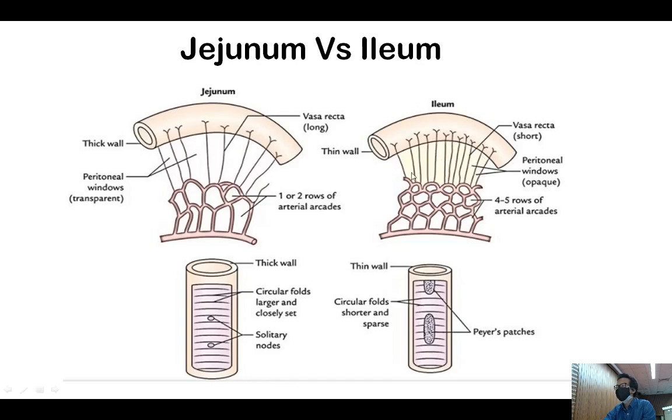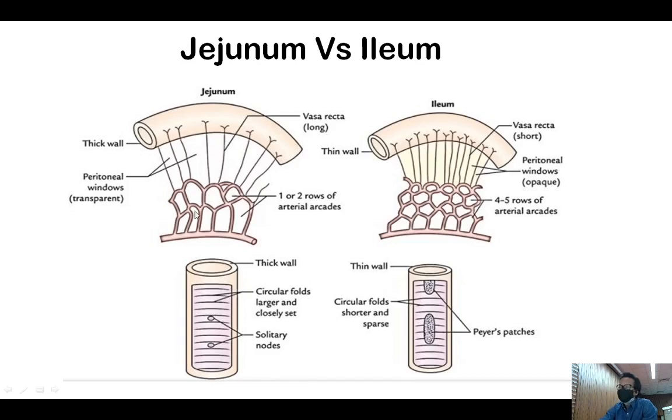These vasa recta are short in the ileum and long in the jejunum. And again, I'll repeat: the peritoneal windows, or the peritoneum around this area, is transparent around the jejunum, and around the ileum towards the end of the small intestine, it's opaque. It's more yellowish in color.